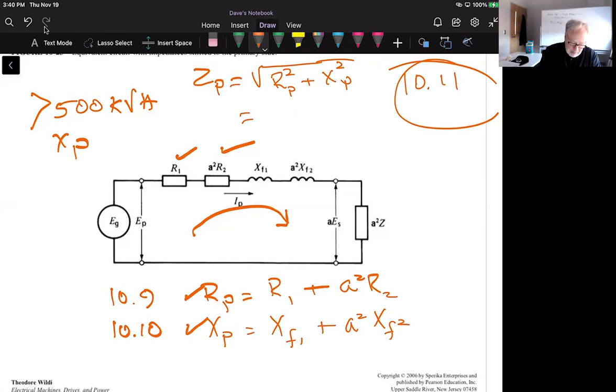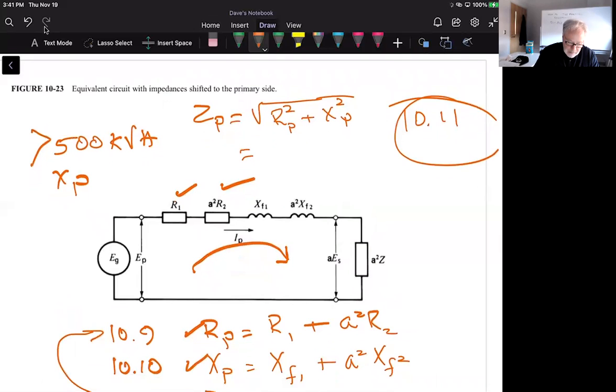He says, from the standpoint of temperature rise and efficiency, R sub P can never be neglected. So if we're talking about that primarily, then we don't neglect it. But anyway, since X sub P is 5 times R sub P, we can neglect that. And the equivalent circuit is thus reduced to a simple reactance X sub P between the source and the load.